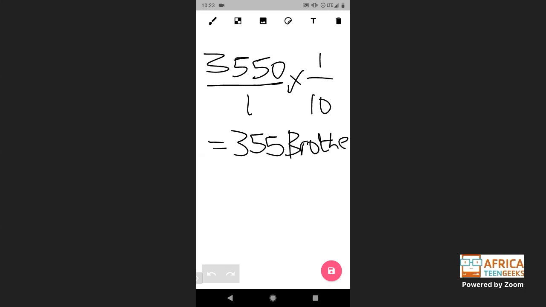So this sheep goes to his brother. He sold this to his brother. So how many sheep are remaining at this point, since now he has sold to his neighbor and the brother? So how many are we left with now? We have, we'll say, 3,550 minus.